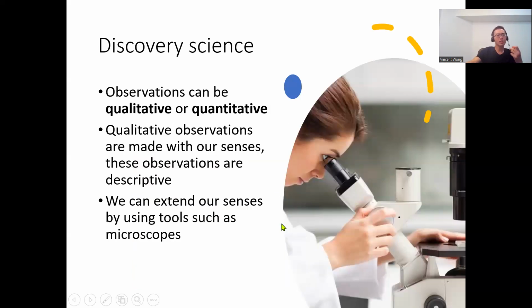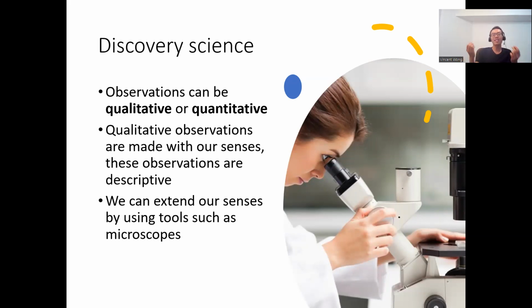Now, the observations that you make in discovery science can be classified as qualitative and quantitative. Qualitative observations are made using our senses: our sight, smell, touch. All these are examples of qualitative observations.